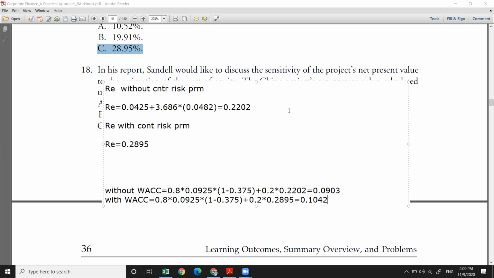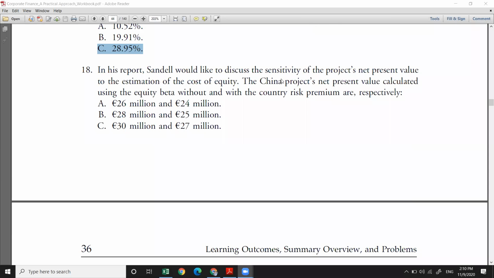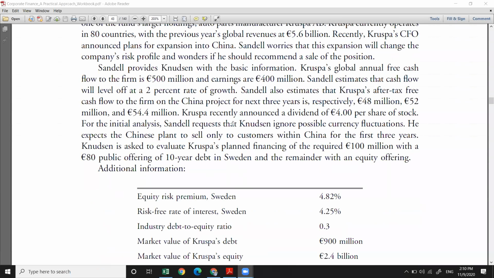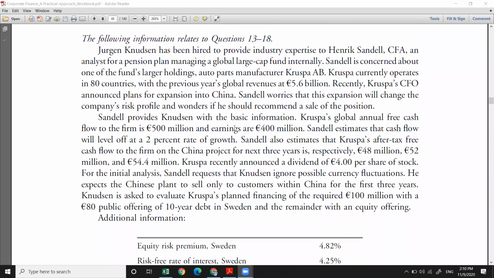So this is what we calculate, the WACC. Now let me just memorize this screenshot. Close it. Now we can go back and see the cash flows. Now we need to read everything. It provides the basic information.